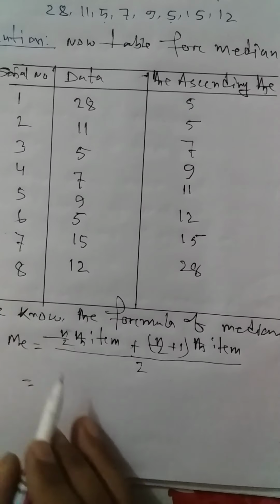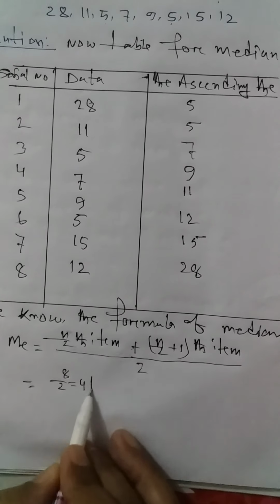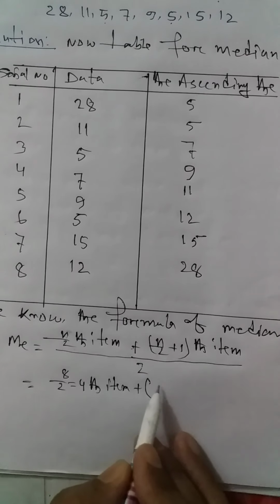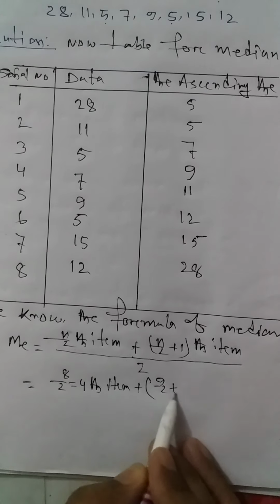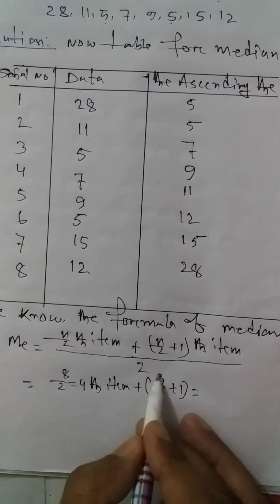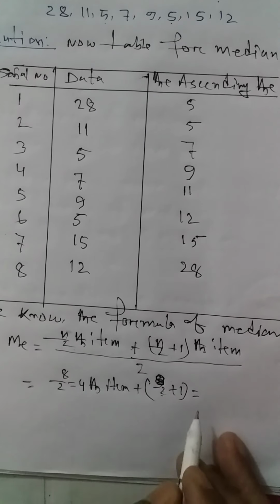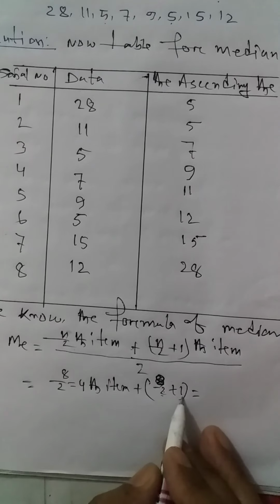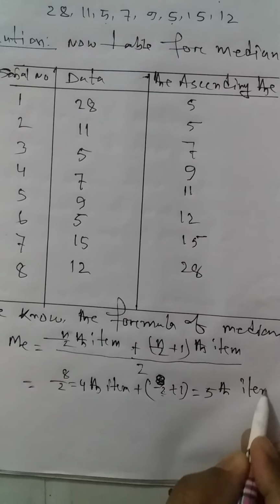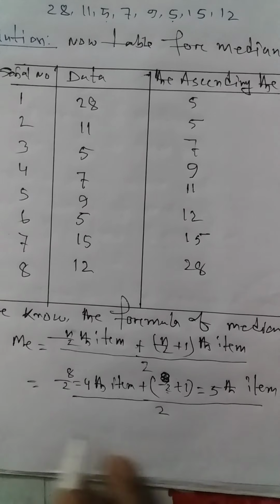Now n is 8. 8 by 2 is 4, the 4th item, plus n by 2 plus 1, that is 8 by 2 is 4, 4 plus 1, the fifth item, divided by 2.